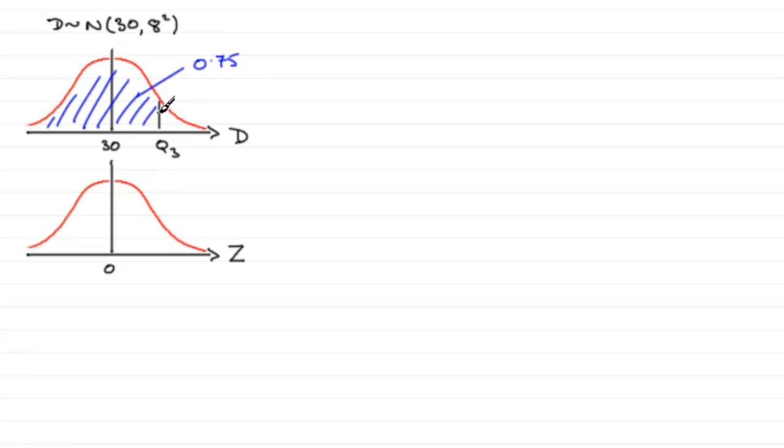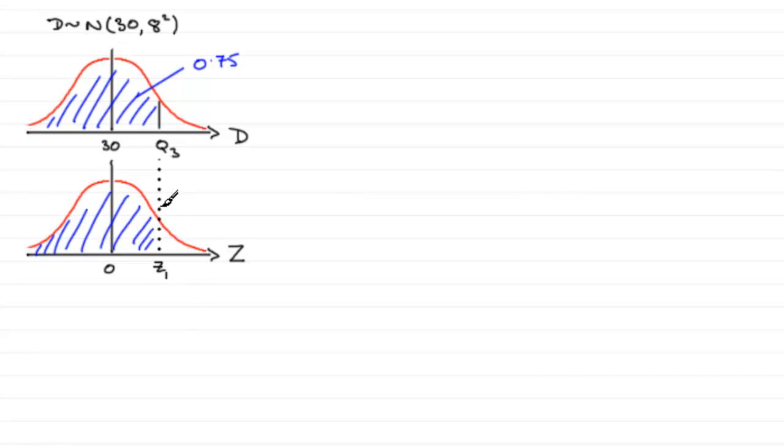And it's good to select this area to the left because when we project our value down onto the standardized normal curve here, then we're working immediately with the area to the left of that particular Z value, which we'll call Z1.